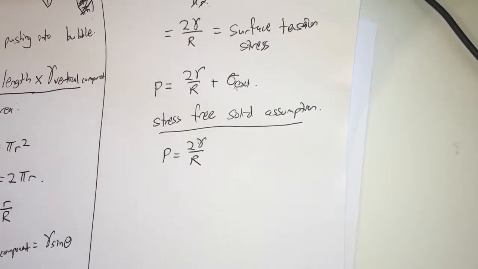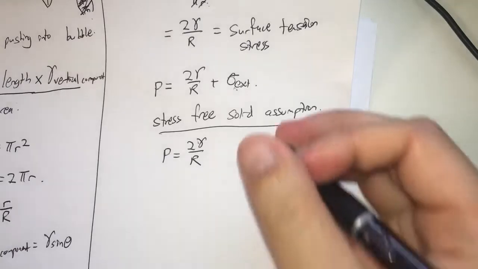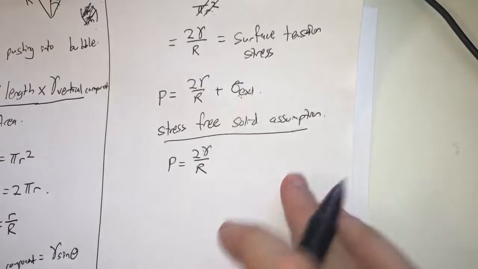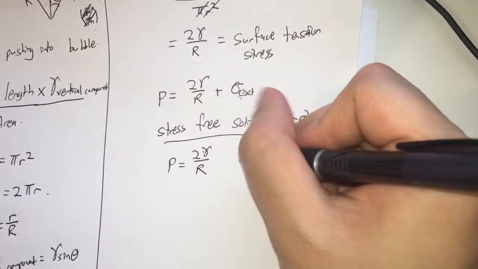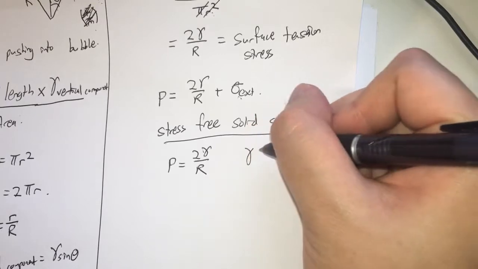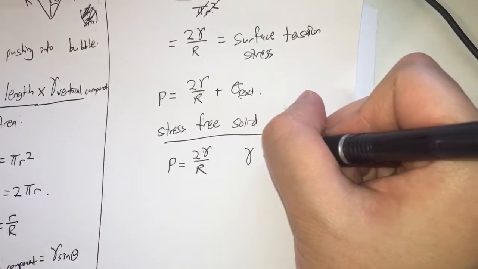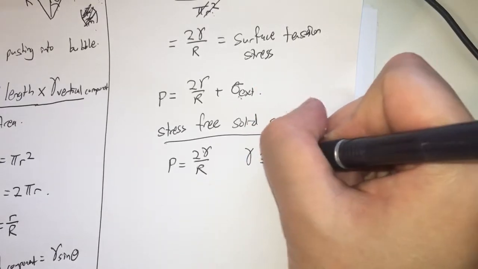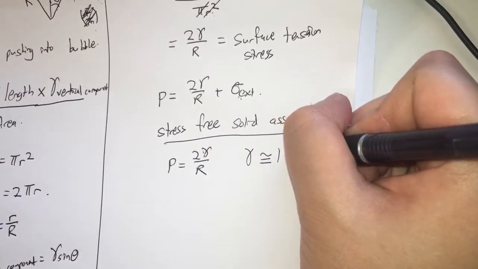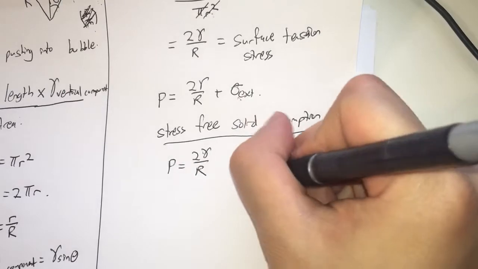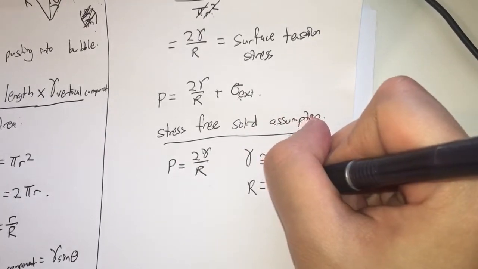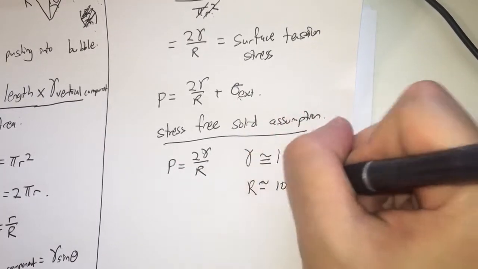So what are some typical values of this pressure? Gamma for uranium oxide has been measured around 1 Newton per meter, and R is on the order of 10 nanometers.